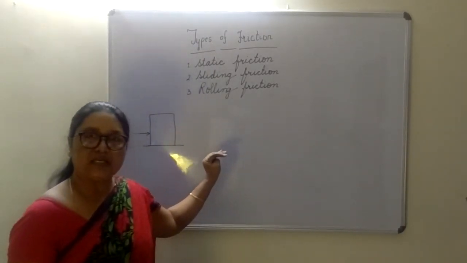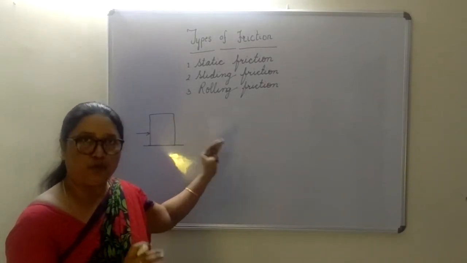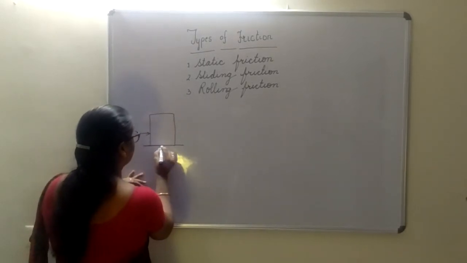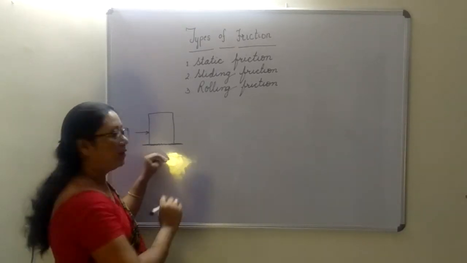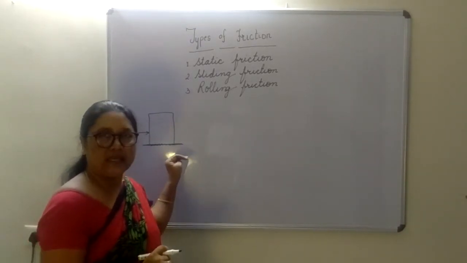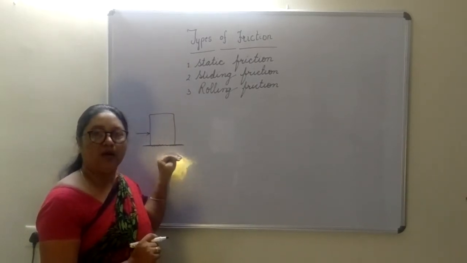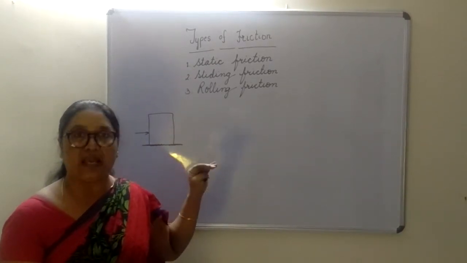Okay, why does this happen? Why do we need some extra force to push the box? Because the interlock between these two objects, between the box and the surface, is more. When anything is at rest, the interlock between these two surfaces is extremely high.